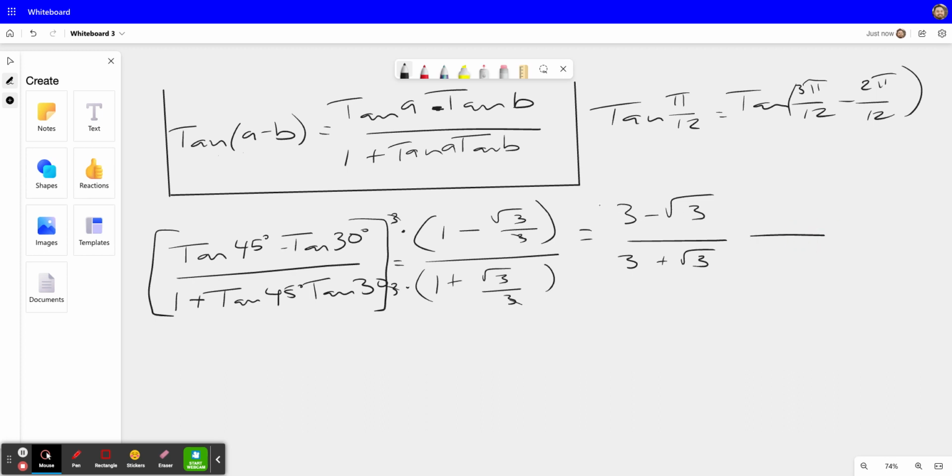And we're actually going to use this top equation to do that. We're going to multiply this by 3 minus root 3 and the bottom by the same thing, which is 3 minus root 3.